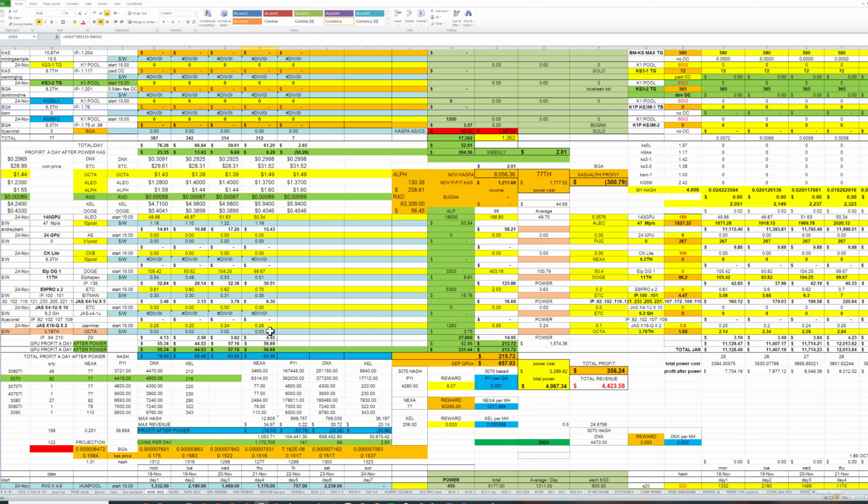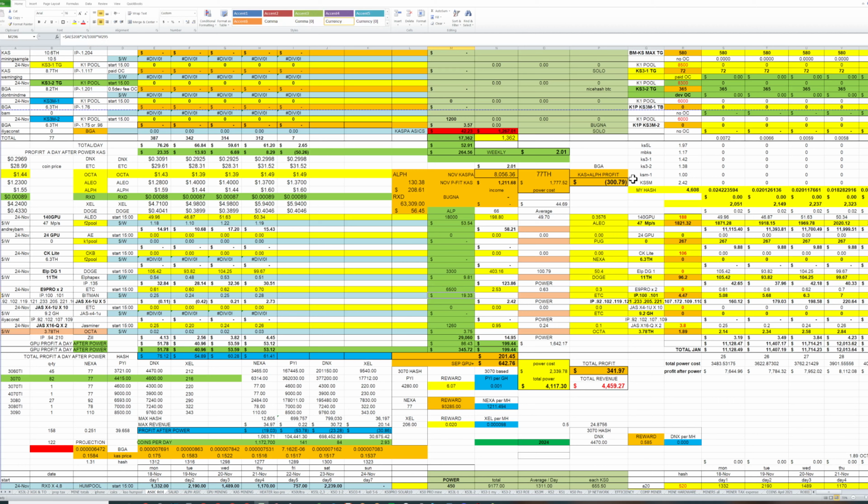So if you compare this to the amount of power used: 1200 watts versus these. This is going to be 10 machines now. 10 machines here, right?